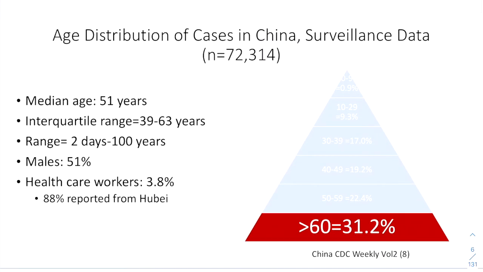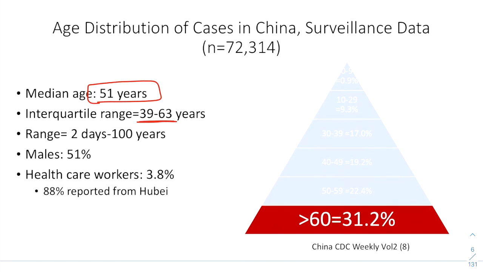Now let's study the epidemiology of coronavirus 2019 based on the study done in China. There it was described that the median age affected is 51 years, with an interquartile range of 39 to 63 years, which was most affected. But you should know that it can affect anyone ranging from even newborn to 100 years of age.